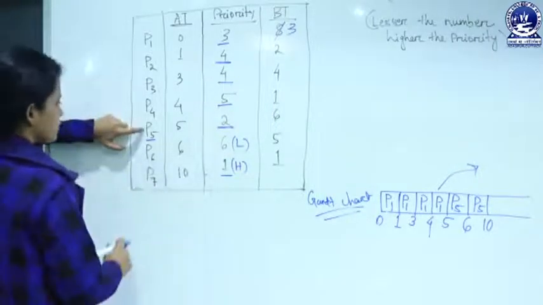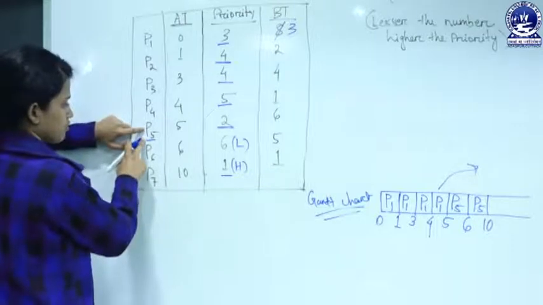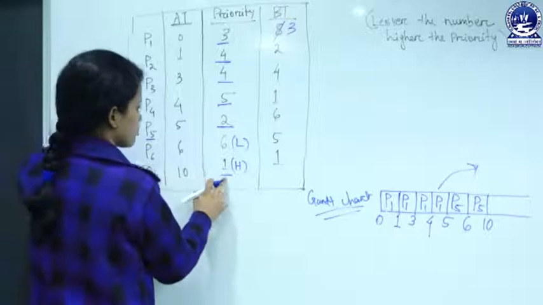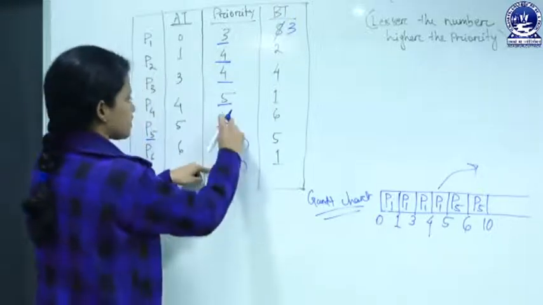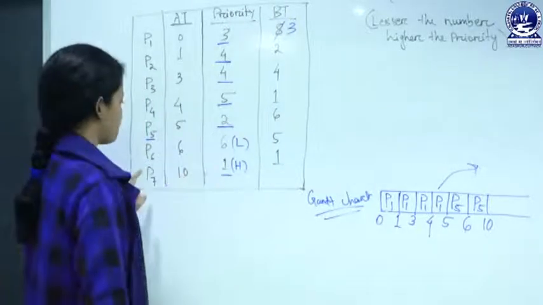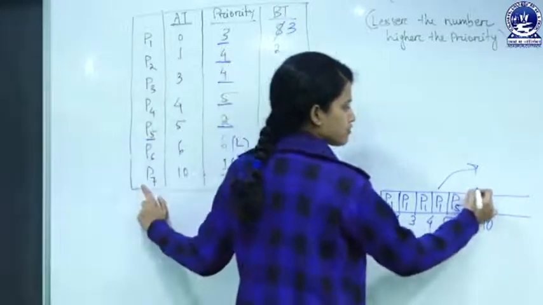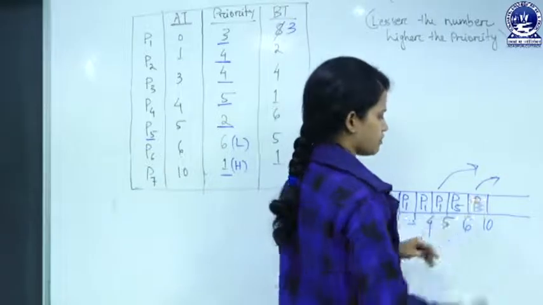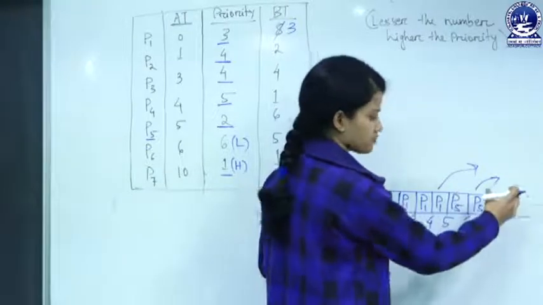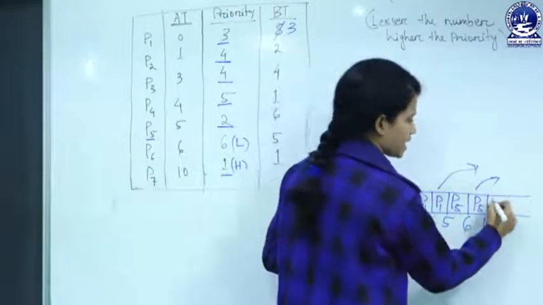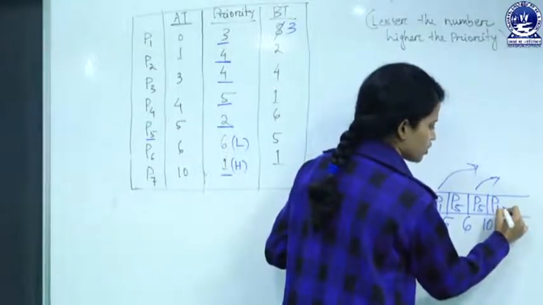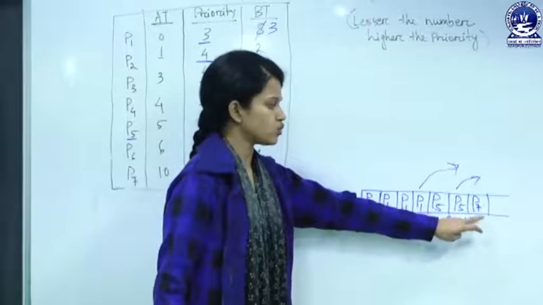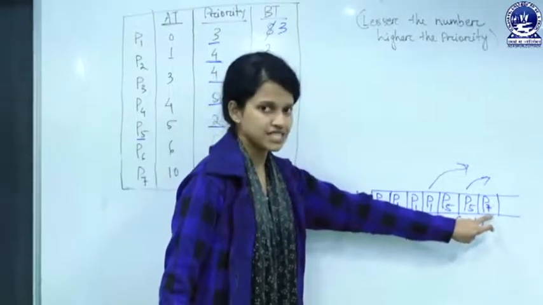The currently running process is P5, with priority 2, and the newly arrived process has priority 1. So 1 is a higher priority than 2. So P5 would be preempted, removed from the CPU forcefully, and the CPU would be allocated to the newly arrived process, that is P7.